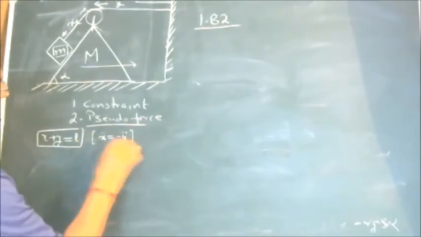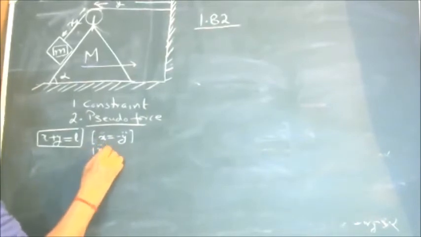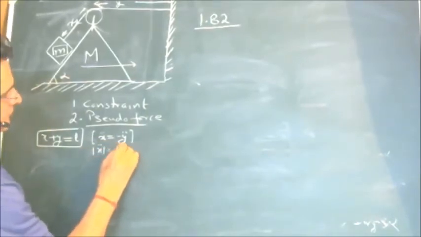So the magnitude of x double dot is equal to the magnitude of y double dot.